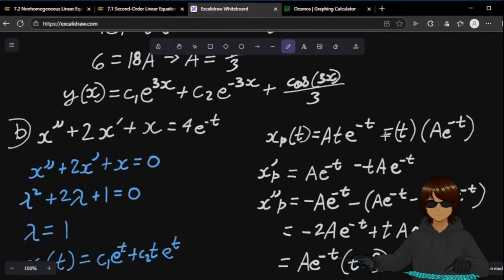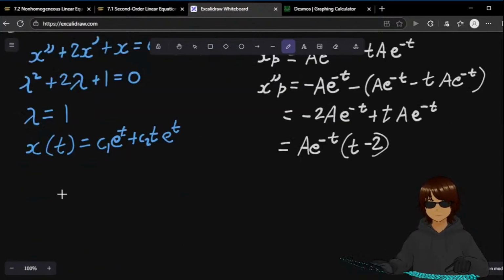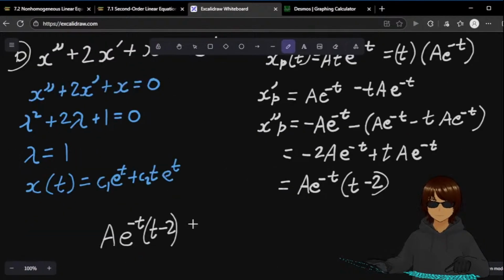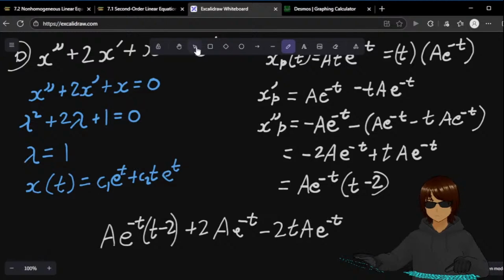So substituting that in, minus t 2, and then we have 2 times this, so plus 2 times e to the power of minus t minus 2t a e minus t.